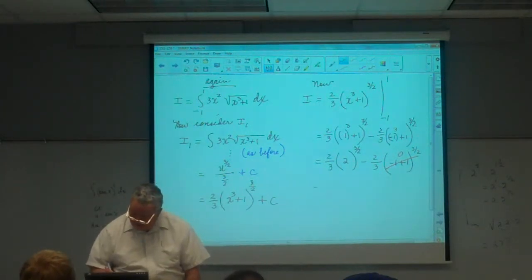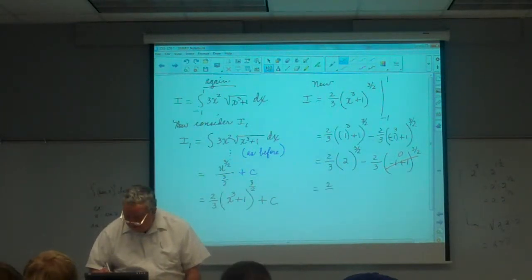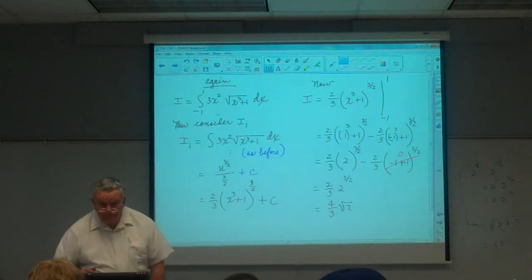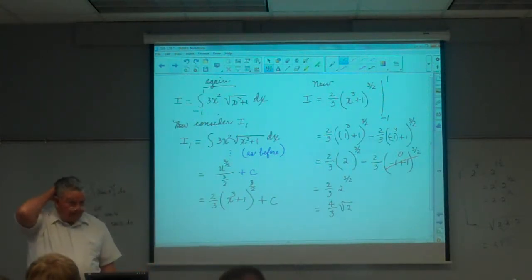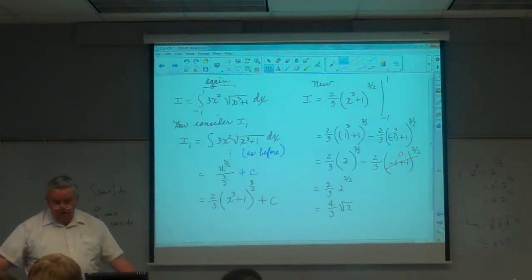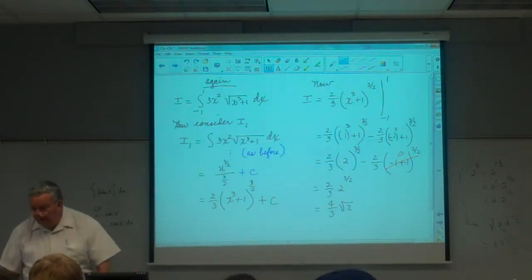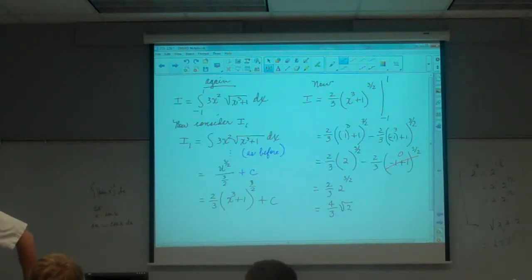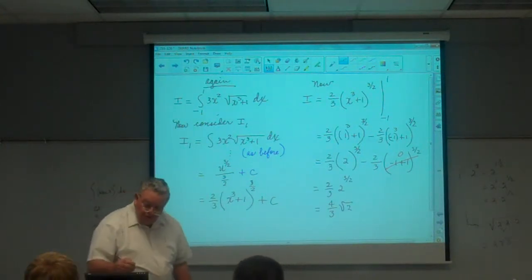And now am I not back to 2/3 times 2 to the 3 halves, which is 4/3 times the square root of 2. So I've given you 2 ways to do it.